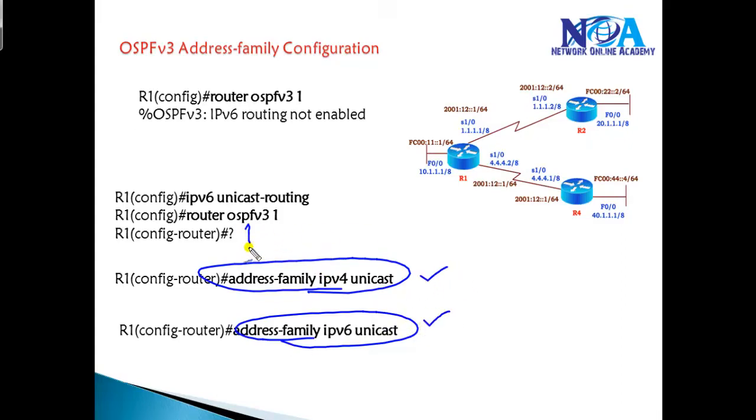If you configure anything without getting into an address family, it's going to apply globally for both IPv4 and IP version 6. And if you want to make changes to specific IPv4 related configurations, we need to get into address family IPv4 unicast, and then apply commands like router ID. It can be any other commands.